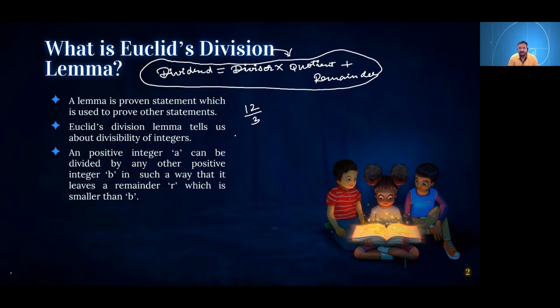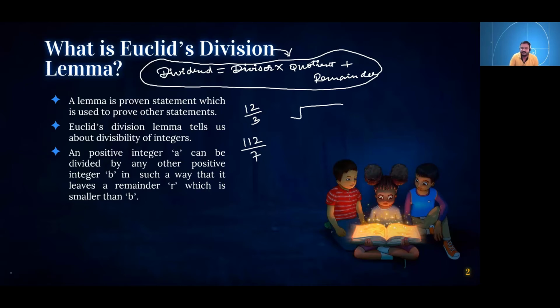So now here what they have said, any positive integer a can be divided by any other positive integer b in such a way that it leaves a remainder r which is smaller than b. So suppose we take any positive integer, 112 divided by 7.